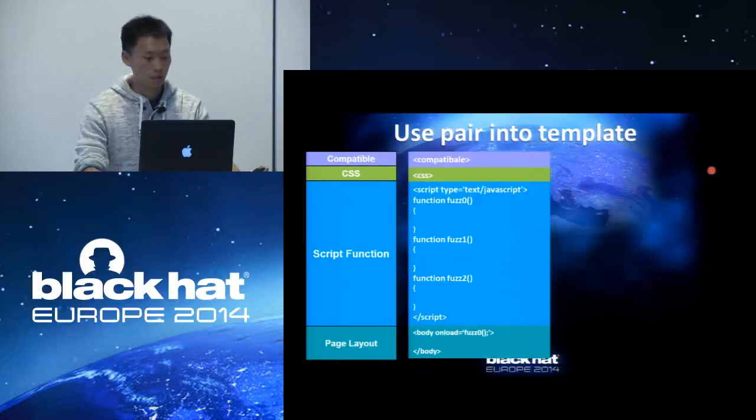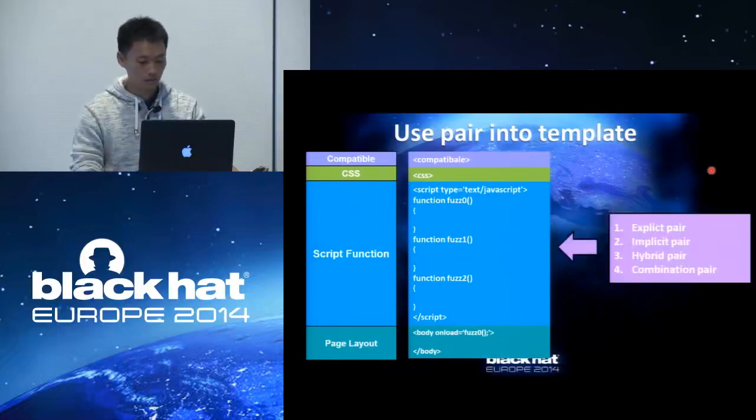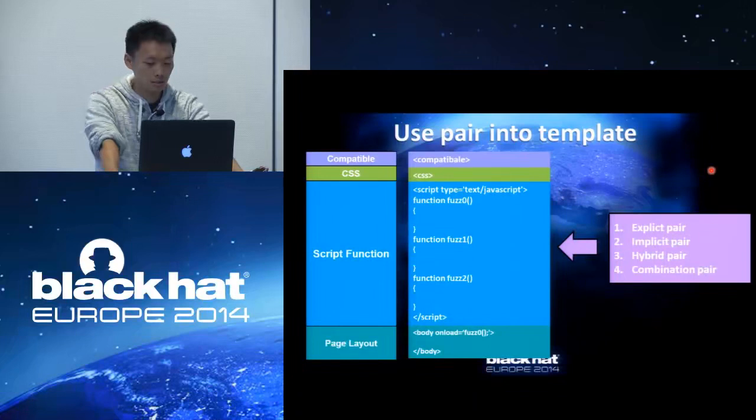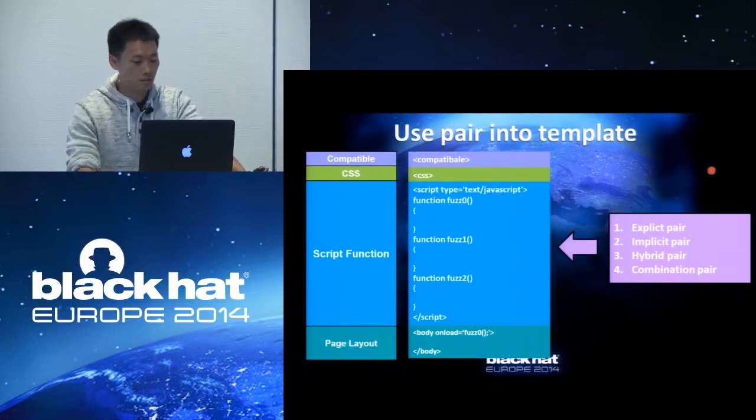So how do we construct the test cases? We build a list of pairs, explicit, implicit, hybrid, and combination pairs. Then we randomly insert these pairs into the template.